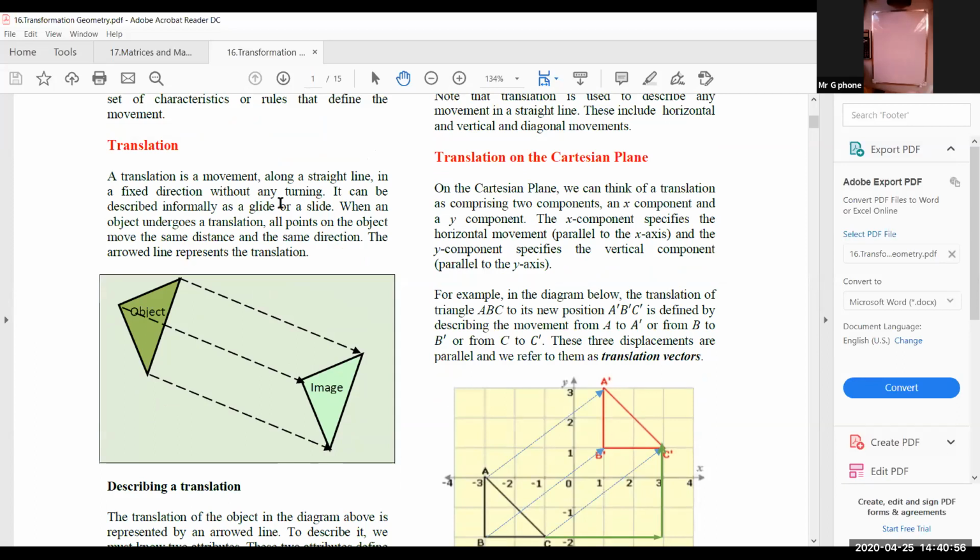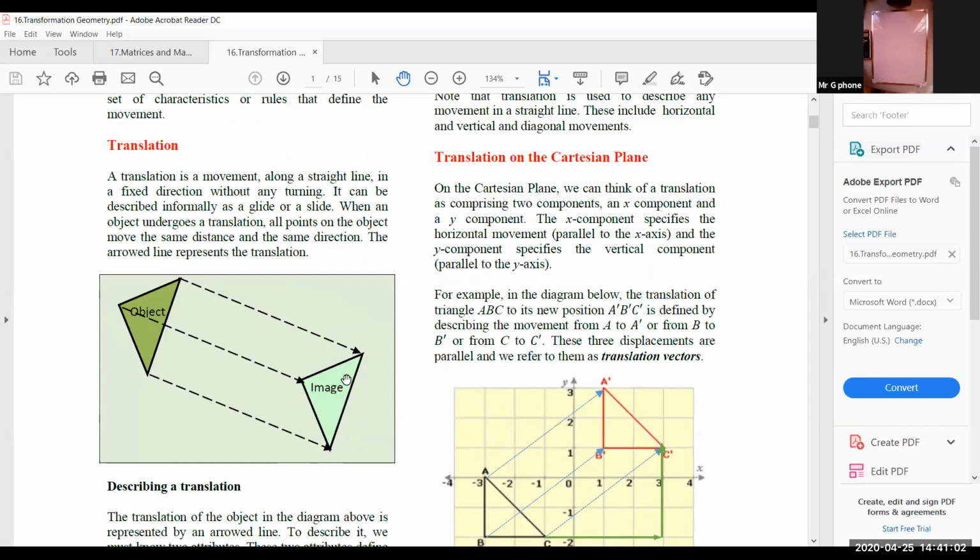So let me just pull this up in the handout for you all so that you won't be too lost with what I'm talking about, right?